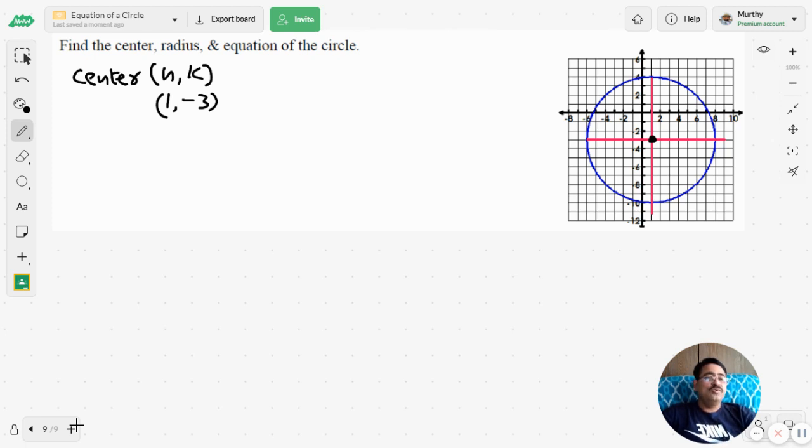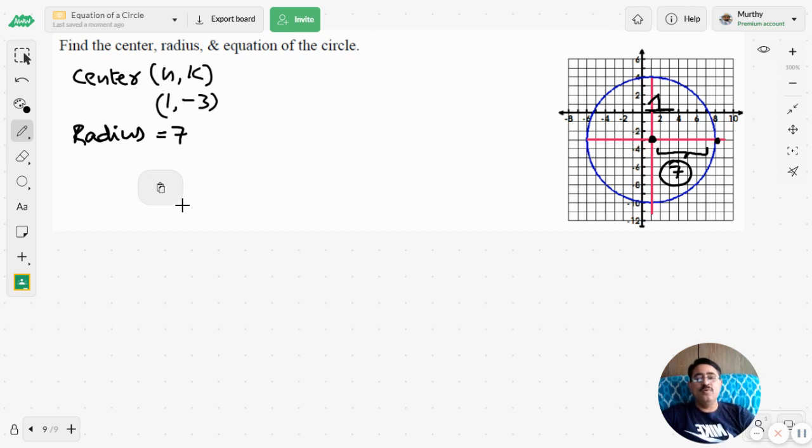You can take from the center any of these, maybe the vertical line, either above the center or below the center, and the left side, right side, anywhere we can take. So I know that here this is 1 and this one is 8. So 1 through 8 means there are 7 units, that's the radius. So radius is 7 units.